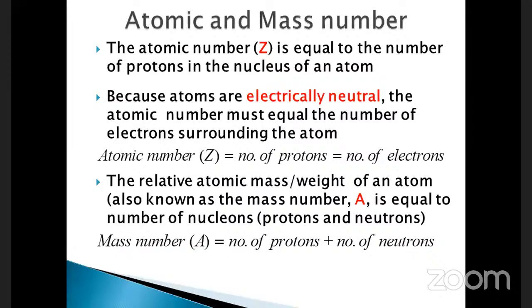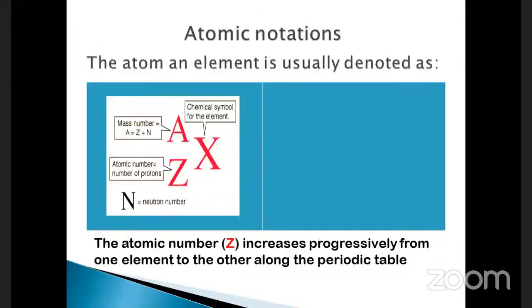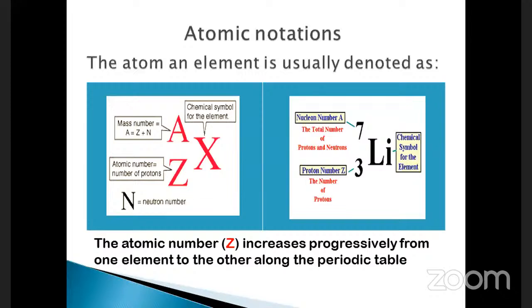You are familiar with these notations, where the mass number is the number of protons, which is the atomic number, plus the neutrons, and Z is the atomic number, the number of protons or electrons. An example is given here. I won't go into these details because we are familiar with it.